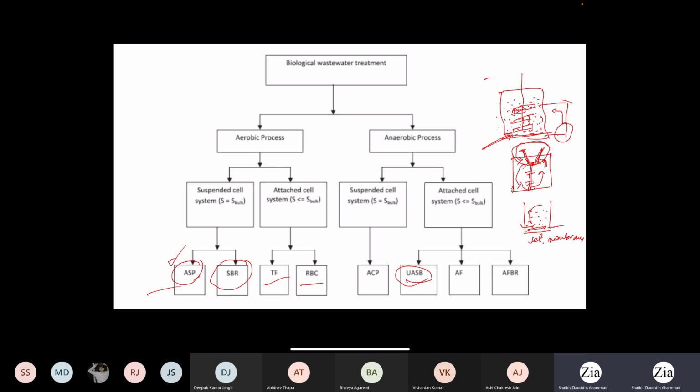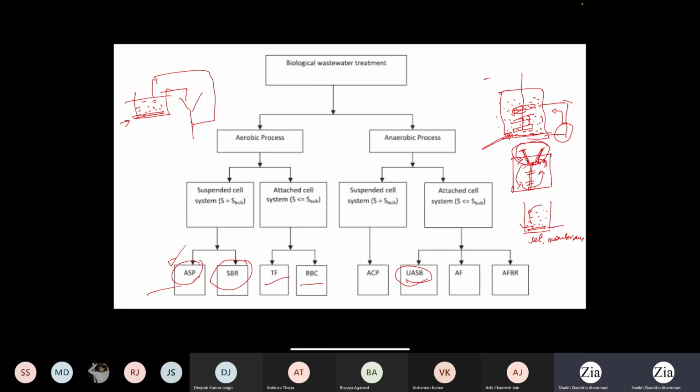So ASP is typically a CSTR with cell recycle. In chemical engineering, in CRE, you must have read about a CSTR followed by a settler. You have a CSTR, and instead of using a stirrer, you use an air sparger to create the movement of the solid.